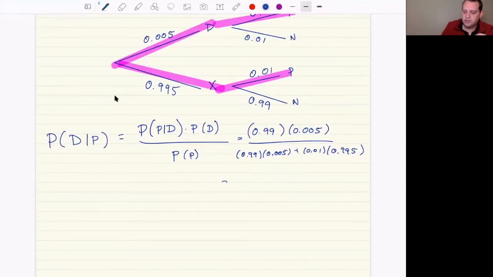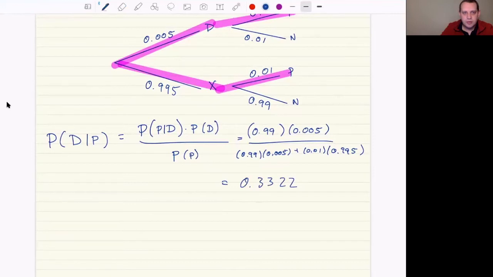And if you crunch the numbers, it turns out the probability that you have the disease, given that you have a positive test, is 0.3322, or about 1/3. Let me make sure I did that right. Yeah.